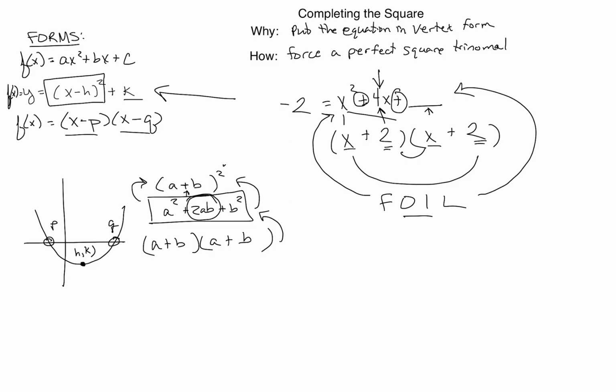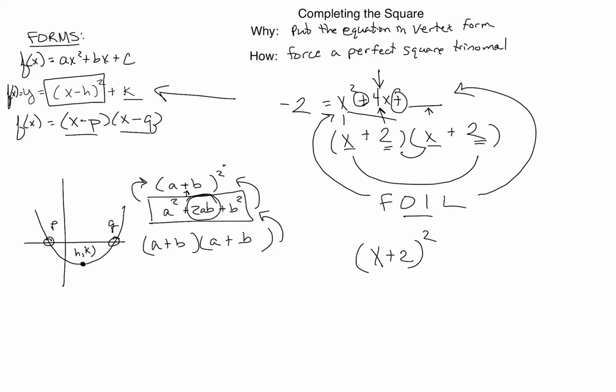And so now visually we get to see we have 2 matching binomials that will create x plus 2 quantity squared. So we have now forced ourselves to have that quantity squared.